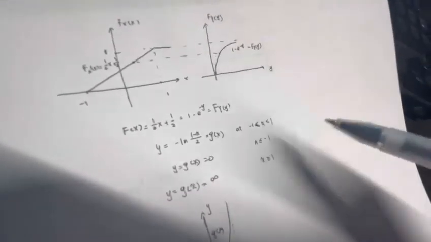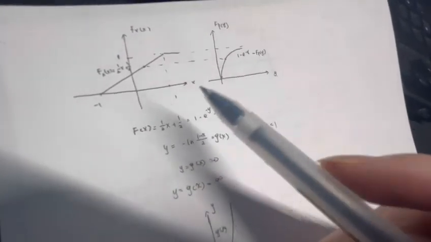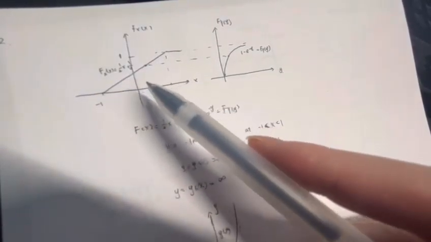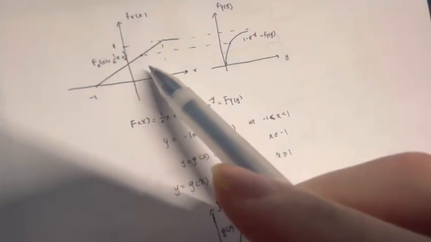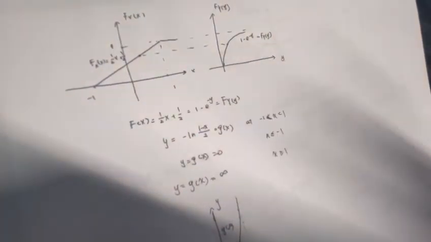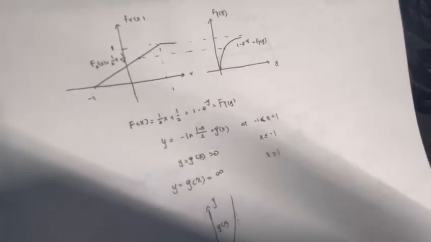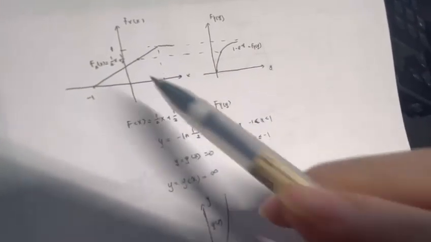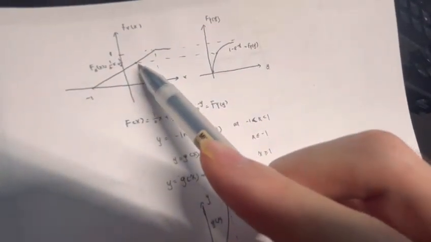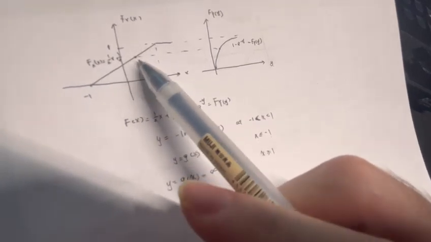So we can randomly find a point in the range from -1 to 1 to find g(x). We randomly pick a point on this function.